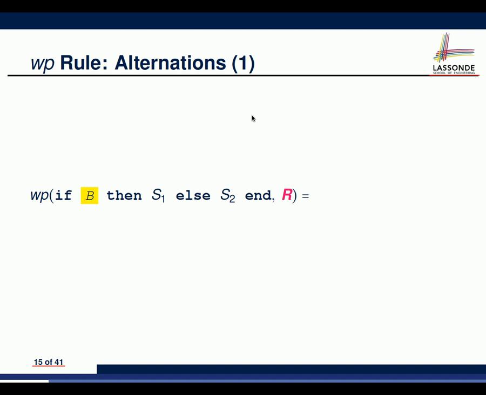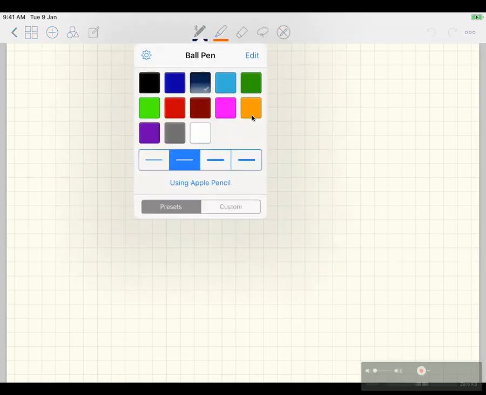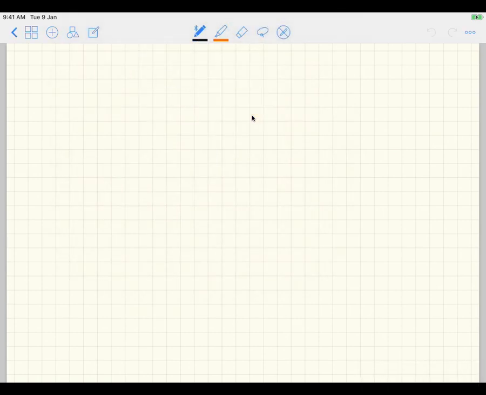Okay, basically, you know what? Let me just create a new page over there, and then we'll talk about it. Okay, let's talk about the weakest precondition for alternation, or conditionals. I want to know WP for: if B, a Boolean expression, is true, then I will do certain statements, just S1.